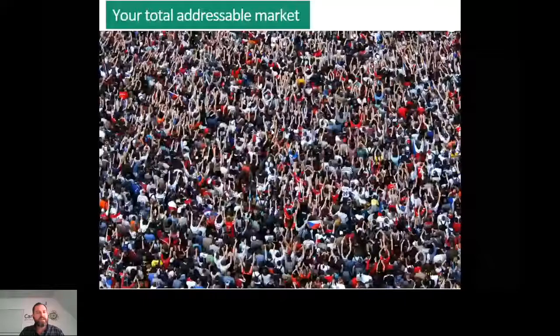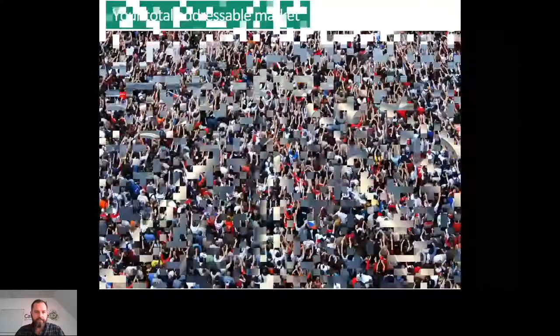It's quite easy to identify who all those are, be able to create transparency and understand who those people are. Once you know who all those people are, that's your addressable market. That's the people that you should be focused on nurturing.